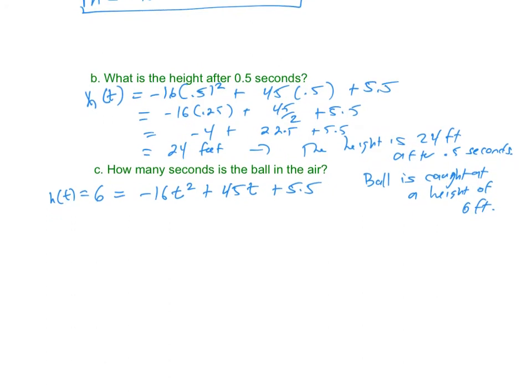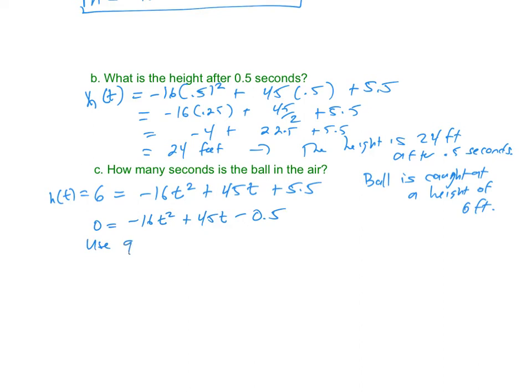So in order to do that, we want to set one side of the equation to 0. So I'm going to subtract 6 from both sides of the equation, and then I'll have 0 equals negative 16t squared plus 45t minus 0.5. And then for this problem, I would most likely use the quadratic formula because it doesn't look like it's going to be something that we can factor. I don't want to complete the square when the leading coefficient is negative 16.